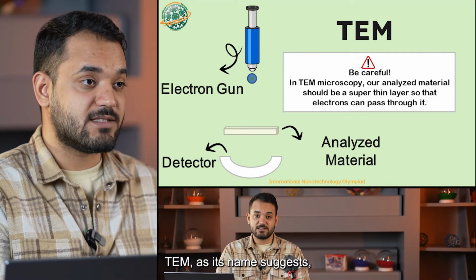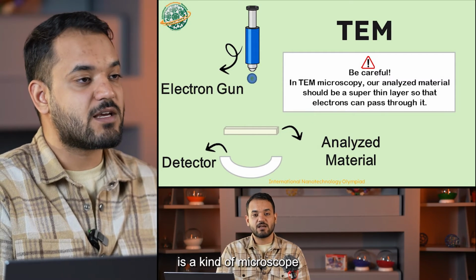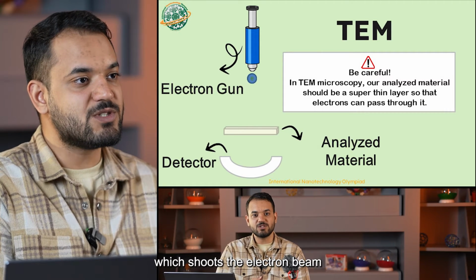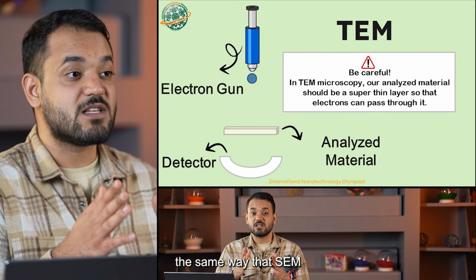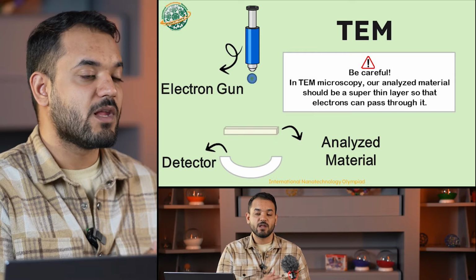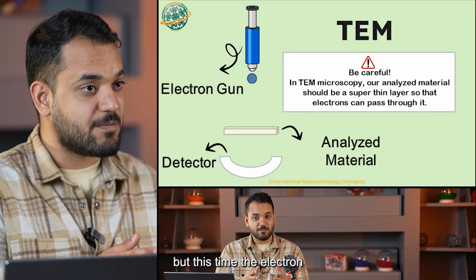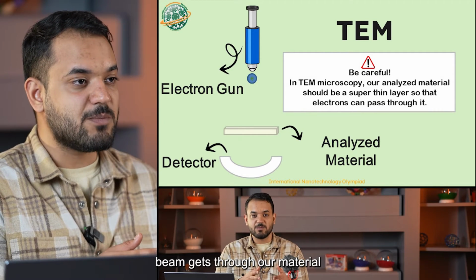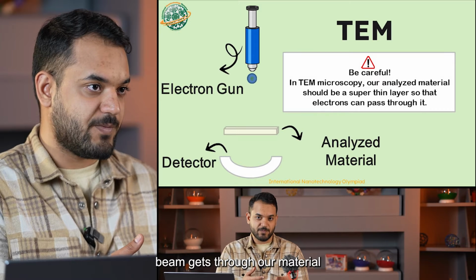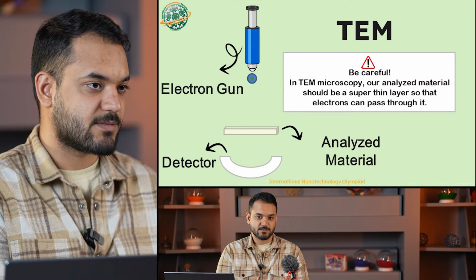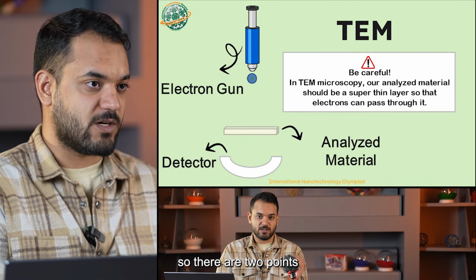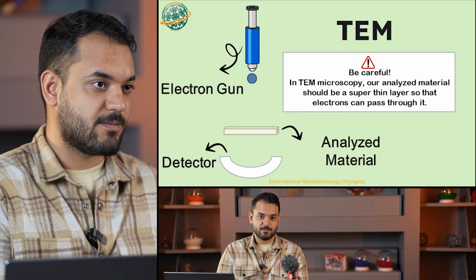TEM, as its name suggests, is a kind of microscope which shoots the electron beam the same way that SEM did. But this time, the electron beam gets through our material. So there are 2 points that we should always consider.